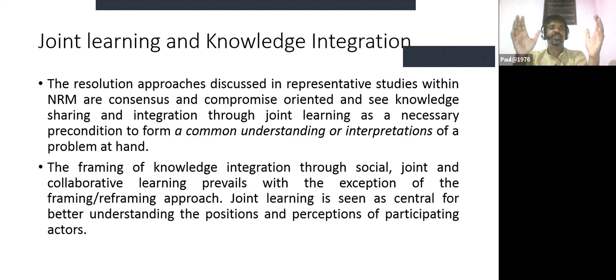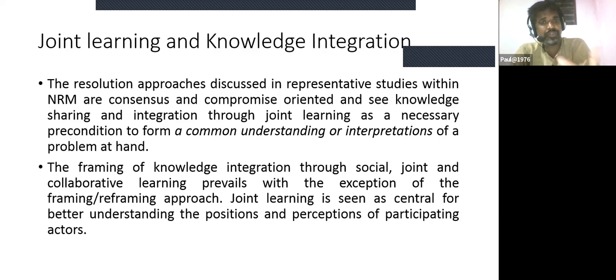Now, what is meant by joint learning and knowledge integration in the natural resource management domain? The conflict resolution approaches discussed within the studies of natural resource management are consensus and compromise oriented, and see knowledge sharing and integration through joint learning as a necessary precondition to form a common understanding or interpretation of a problem at hand.